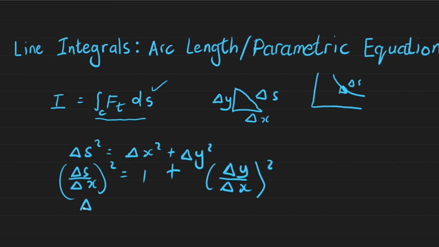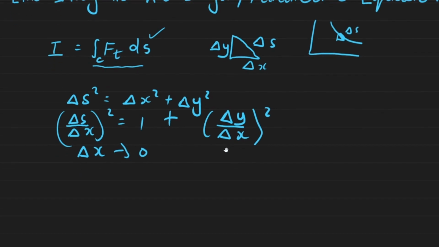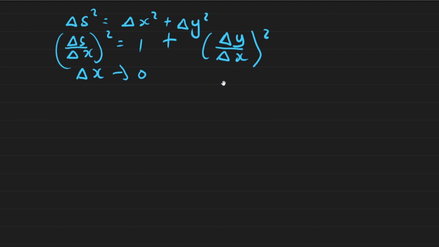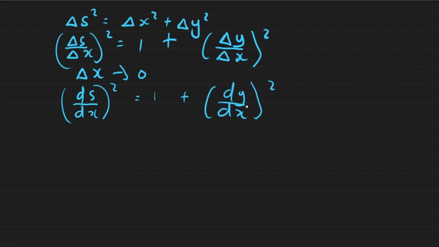If we let delta x approach 0, then the deltas become d, so delta s over delta x becomes ds/dx. So we get (ds/dx) squared equal to 1 plus (dy/dx) squared.